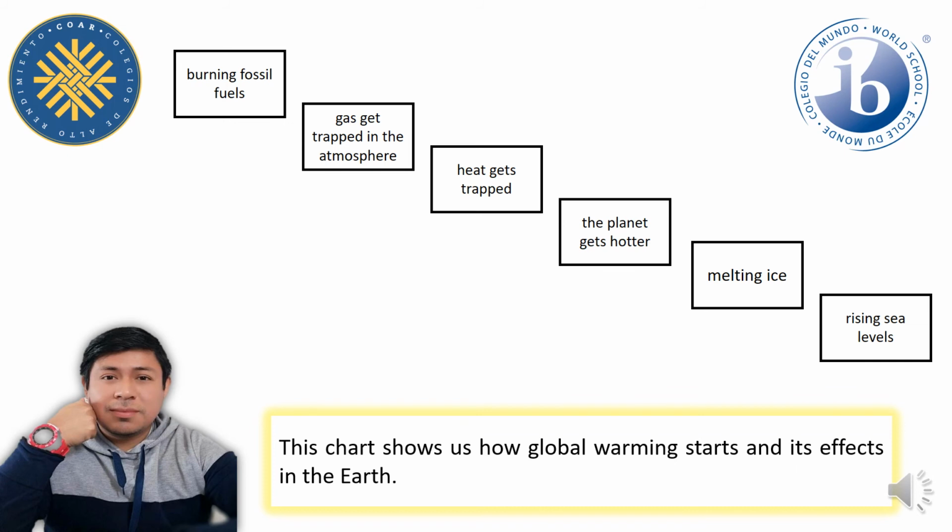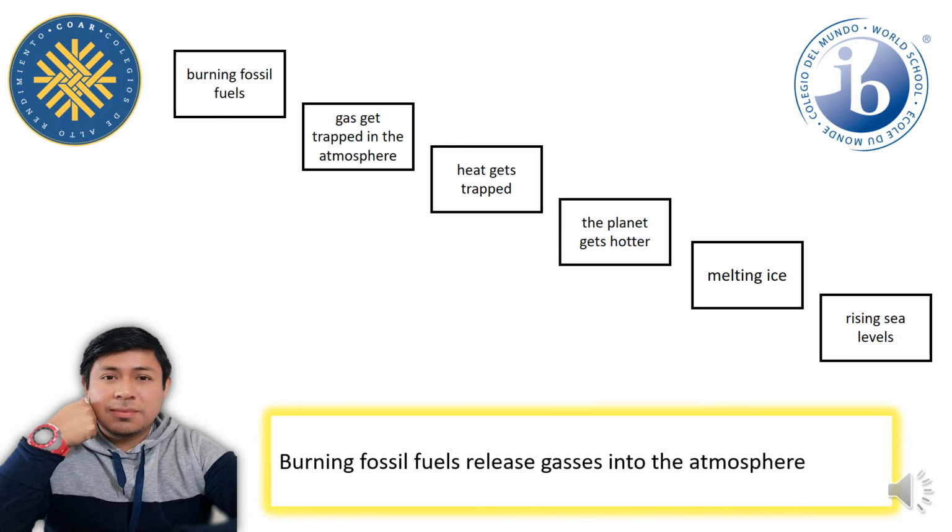This chart shows us how global warming starts and its effects in the Earth. Burning fossil fuels release gases into the atmosphere. Then the gases get trapped into the atmosphere.